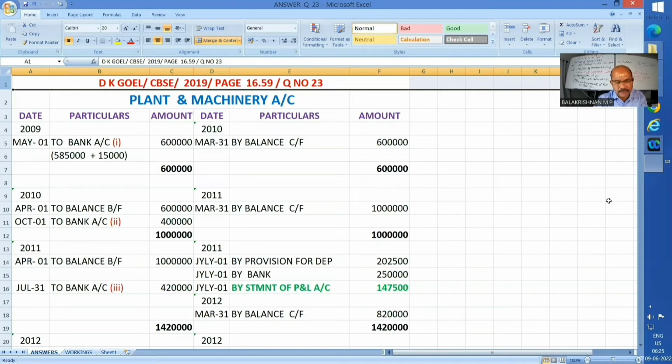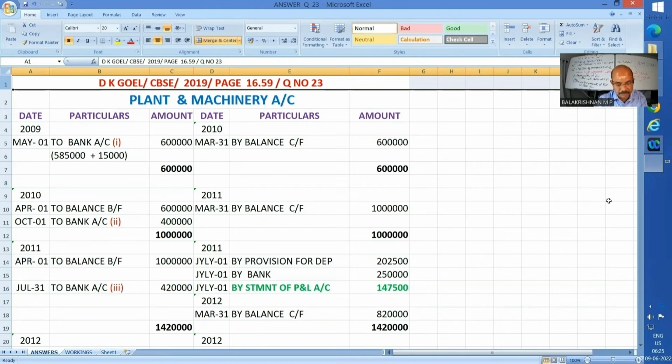First, let us list down the salient features as available in this question. Number one, we have to provide depreciation under equal installment method. That is nothing but a synonym of straight line method. Number two, 3 successive purchases of machines are there, and first and second machines subsequently sold off.